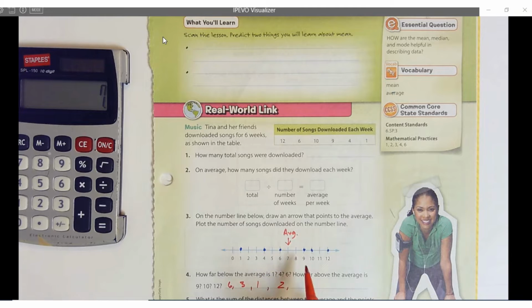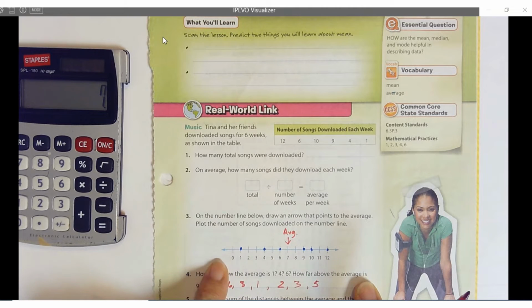That's your 9. 10 is 1, 2, 3 above, and 12 is 2, 3, 4, 5 above the average. And all we're doing, students, is we plotted these numbers down right here, and then we looked at this scale that they've used, this number line, and these are great.